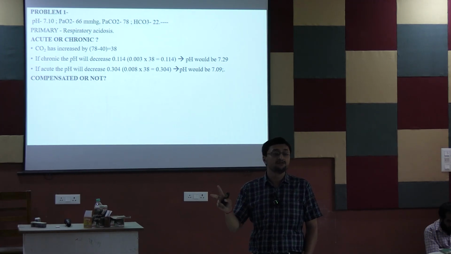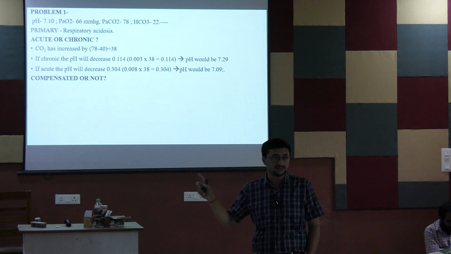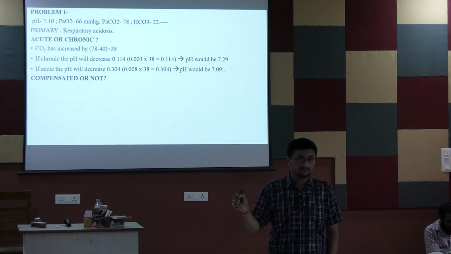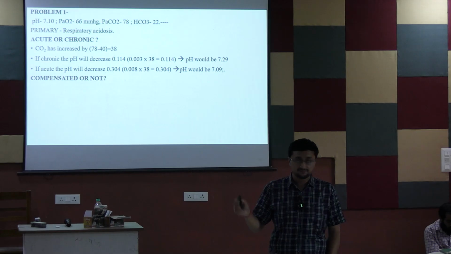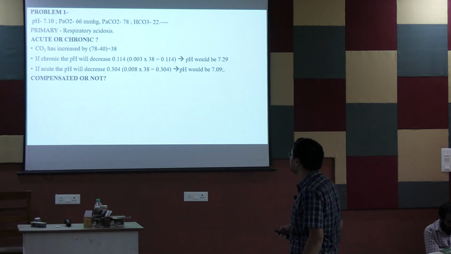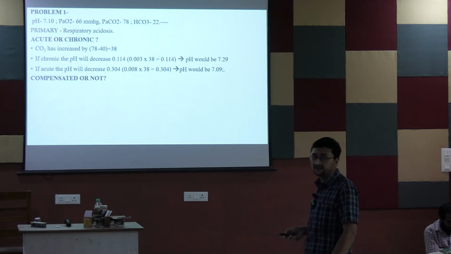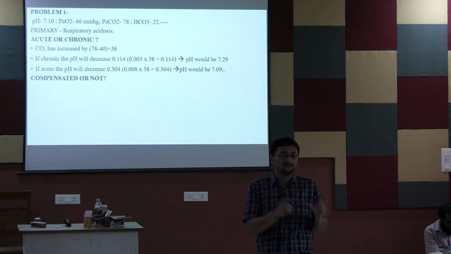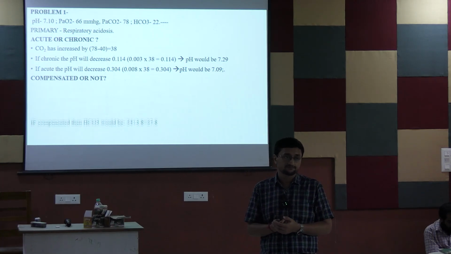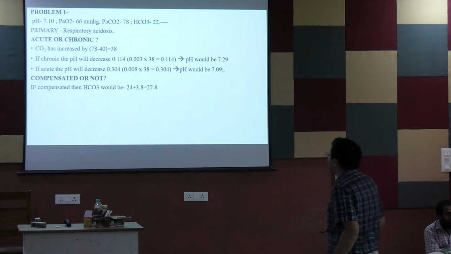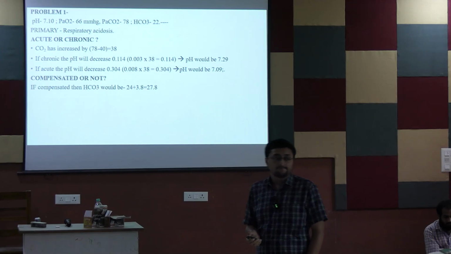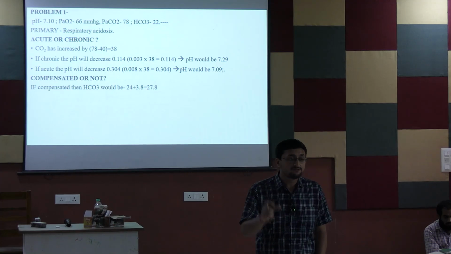So the change of PCO2 is 38, 78 minus 40, that is 38. So the change of bicarbonate will be 3.8, right? So the corrected bicarbonate কত হবে? যদি 3.8 চেঞ্জ হয় তাহলে বাইকার্বনেট কত হওয়া উচিত? Compensation কি করে হবে? This compensation will be in the form of metabolic alkalosis.